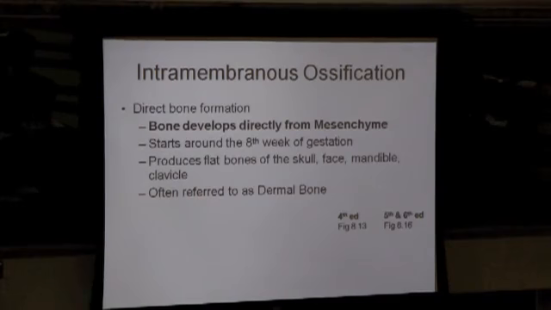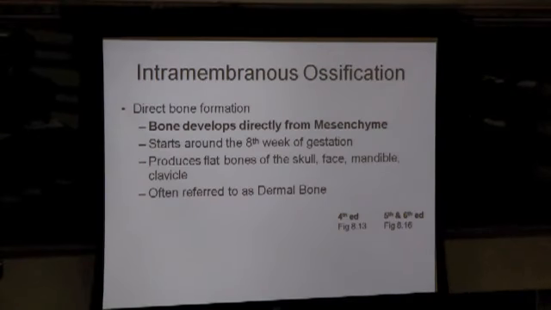So again, intramembranous ossification, basically what we have here is bone developing directly from mesenchyme. It's still a process. It still goes through stages, but it doesn't have any intermediates. You just go directly into bone tissue. Now, it starts relatively early, about the 8th week of gestation. And what you have is basically a process that produces the flat bones of the skull.